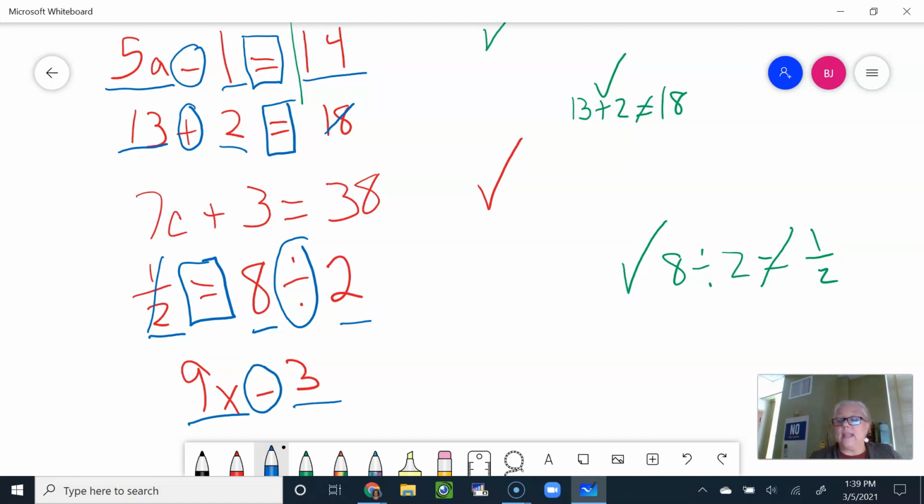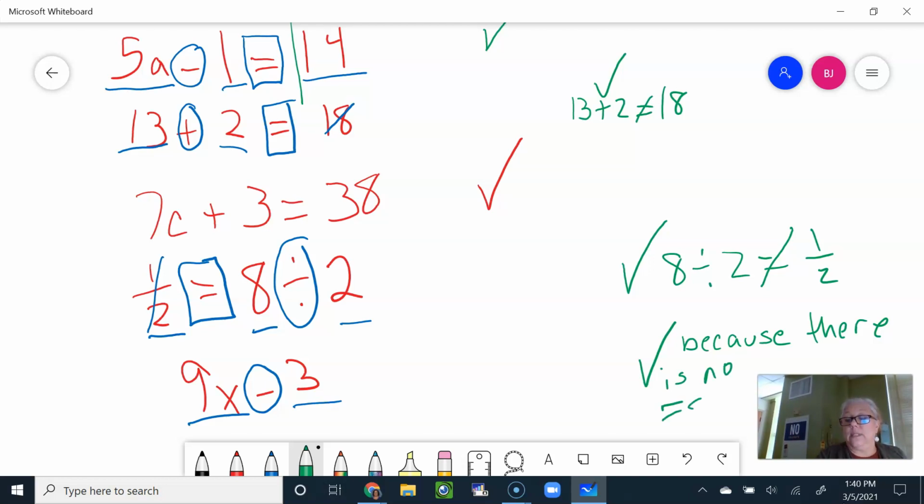Is this an equation? What do you think? Well, the answer is no, because there is no equal sign.